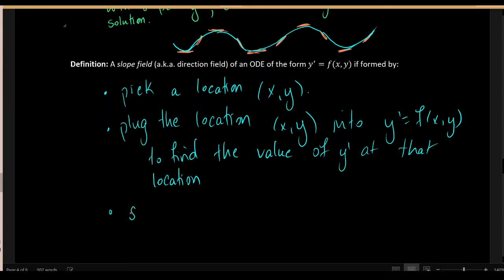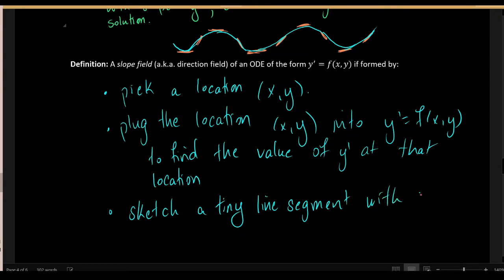And then sketch a tiny line segment with slope y prime at the location x, y.